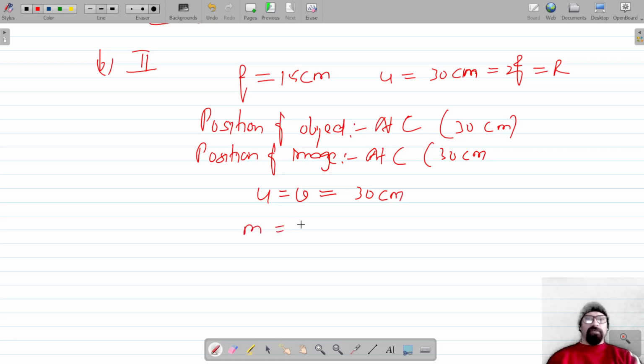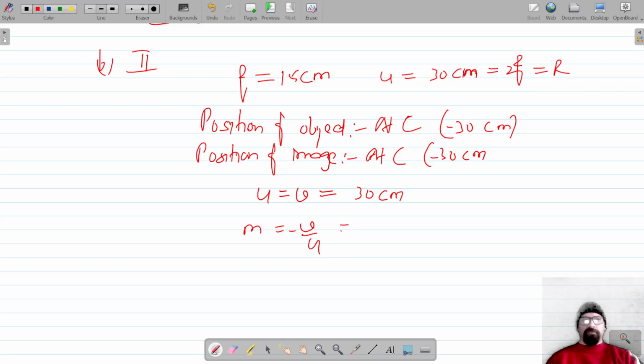And we know that the magnification is given by V by U. So it comes out to be 30 by 30. It's negative U, V by U, and both are negative here, and there is one more negative in the formula. So this comes out to be negative 1. So magnification comes out to be negative 1.